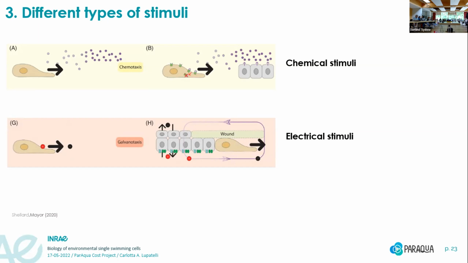This particular response in terms of taxis is called chemotaxis. Something similar can occur with electrical stimuli, where this time we don't have a chemical molecule but an electrical stimulus. The taxis, the response in terms of movement to this stimulus, is called galvanotaxis.